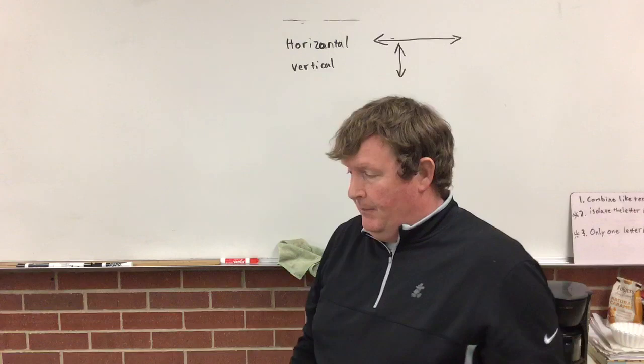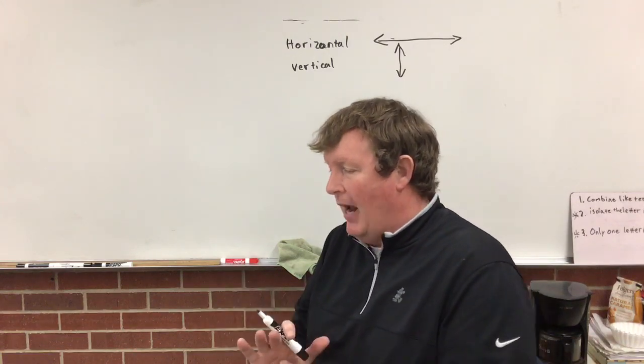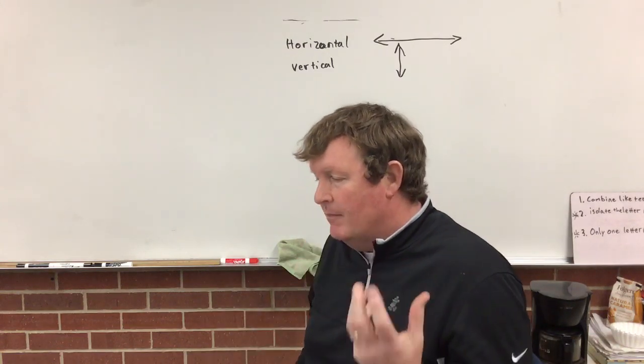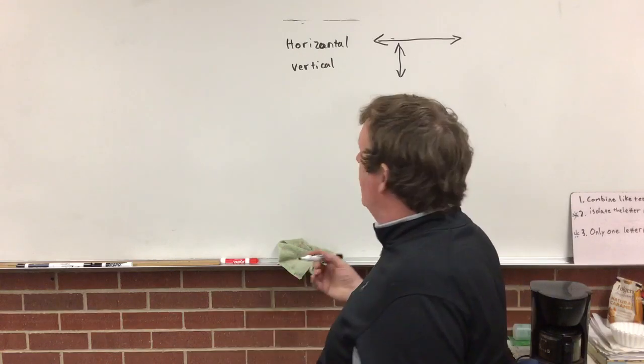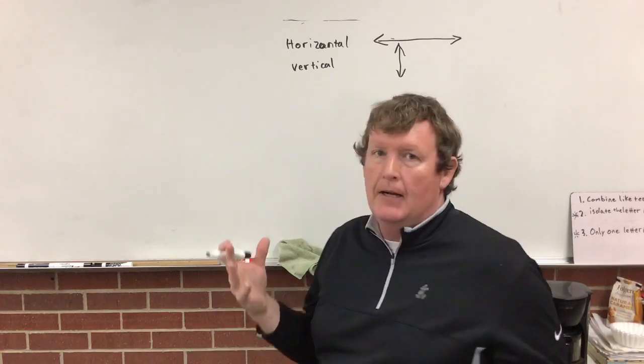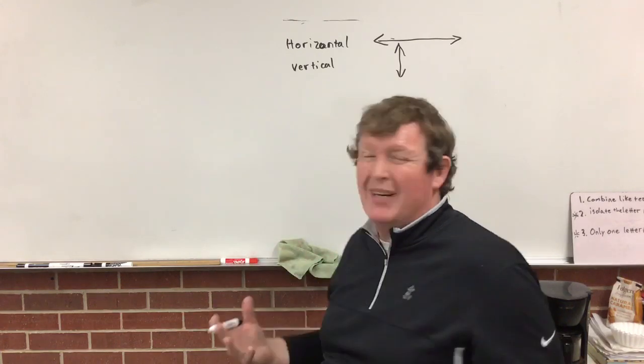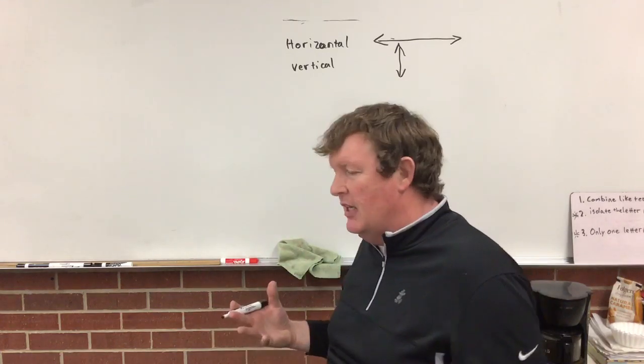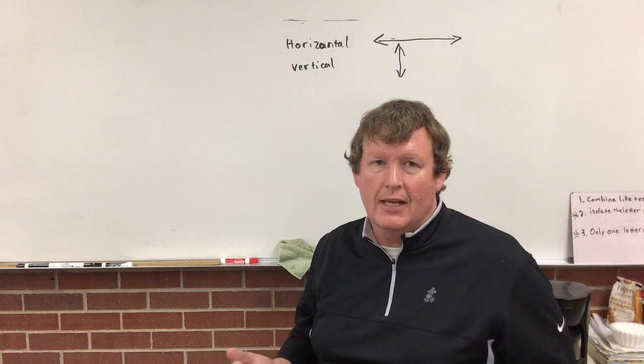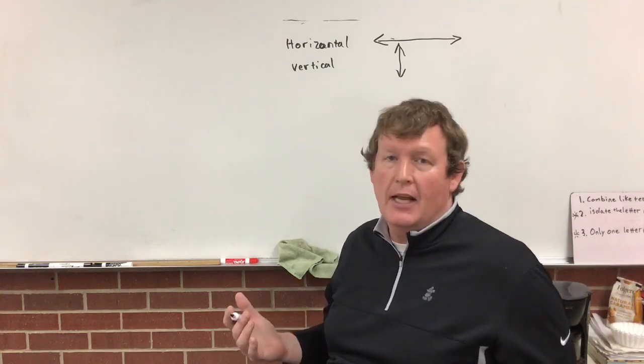So here's the deal. They're going to tell you or ask you to describe, or if given an intercept form, they're going to ask you what kind of line it is, especially on questions 1, 2, 3 in today's lesson.